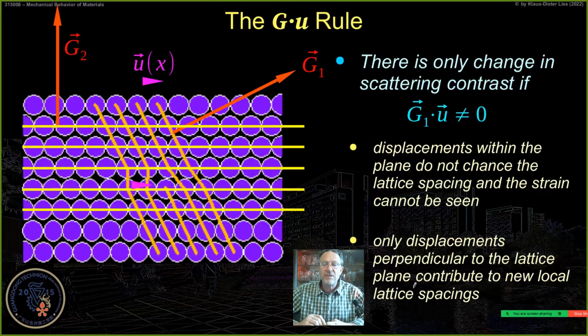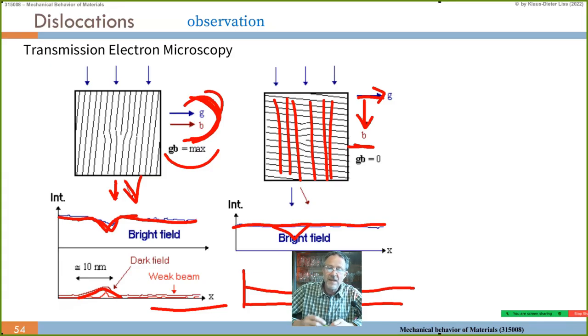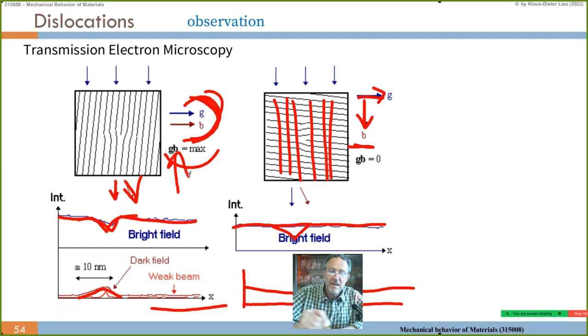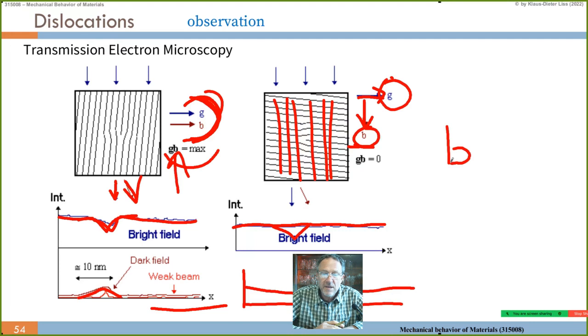So let me talk more about this g dot u rule. Here the product g dot b becomes maximal, where g is a reciprocal lattice vector and b is the Burgers vector.